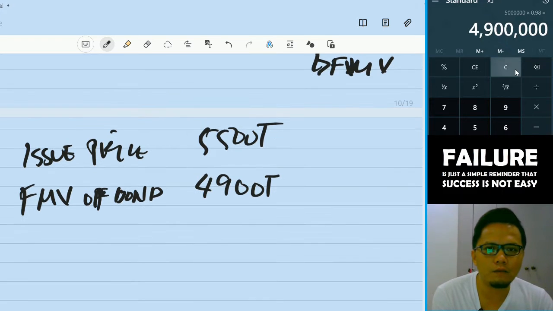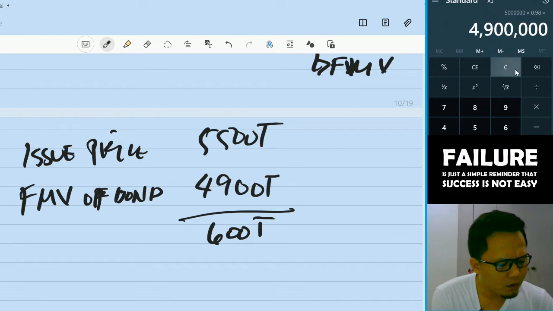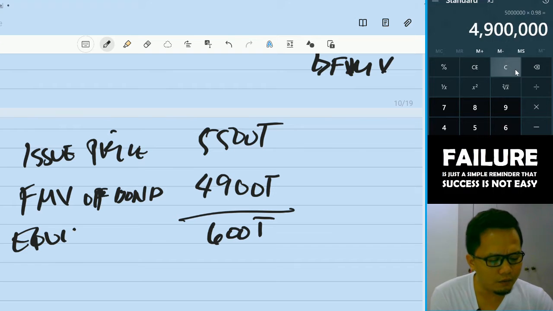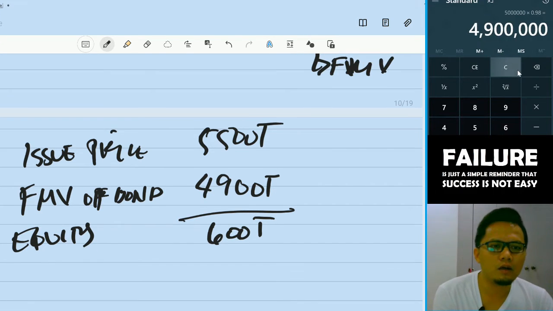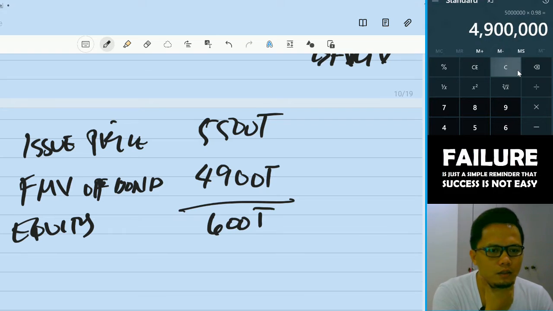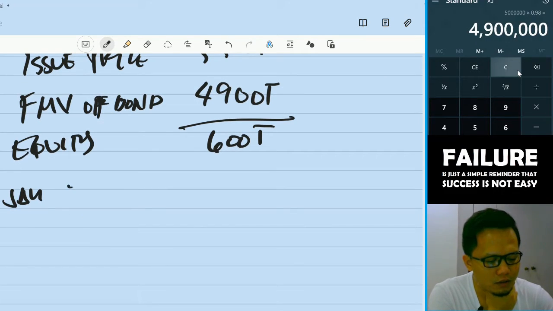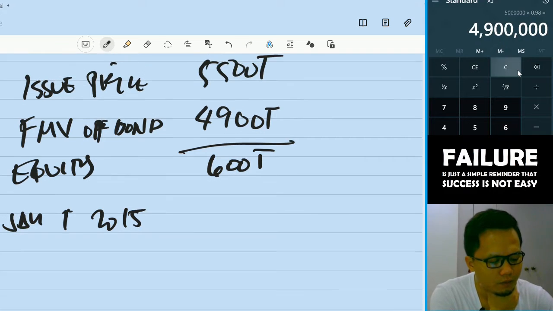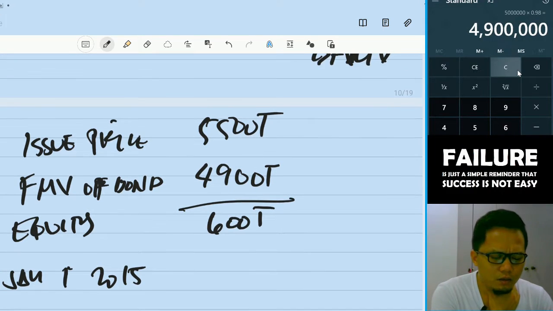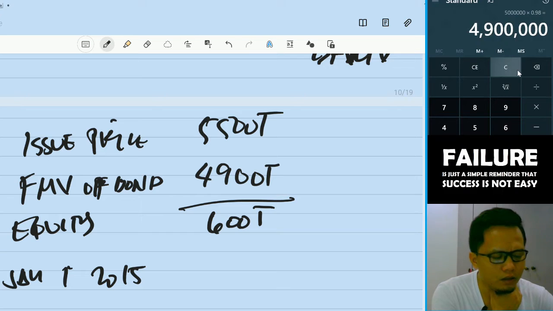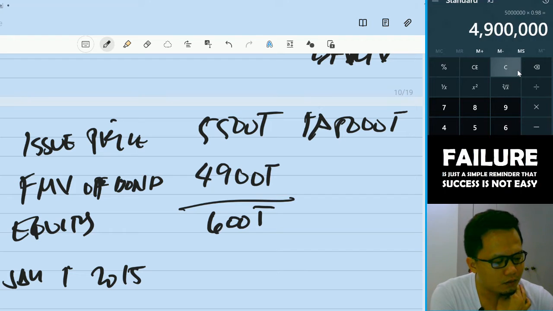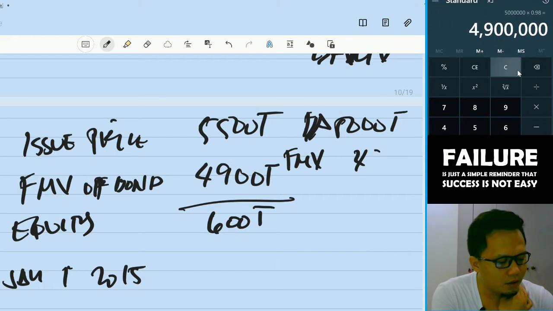Issue price of 5,500,000 less the fair market value of the bond, so we have 600,000 for the equity or the conversion privilege. So, how are we going to recognize this per entry on January 1, 2015? But before that, we also need to note that there is a discount on bonds payable, because the face amount of 5 million is less the fair market value of 4,900,000.